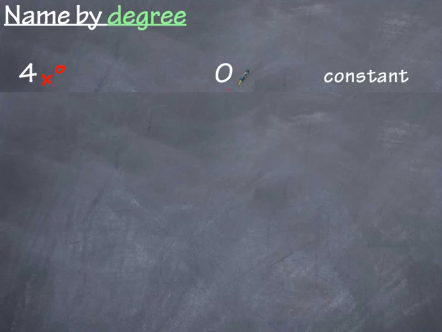So it has a degree of 0, which is called a constant, because since there's no variable, the number is just a plain old number. It's constant. It doesn't change. 4 will remain 4 throughout an entire problem because there's no variable attached to it which can change it.